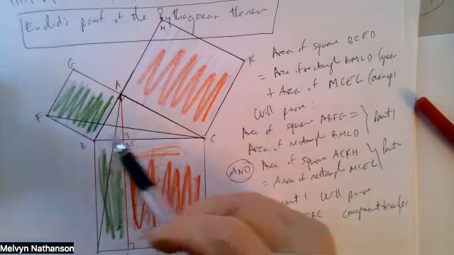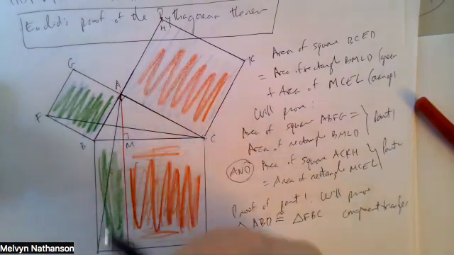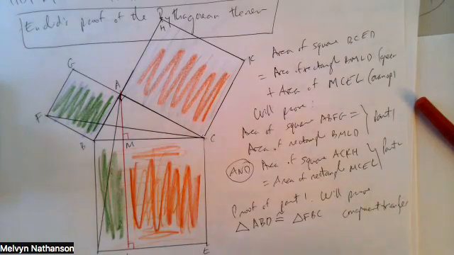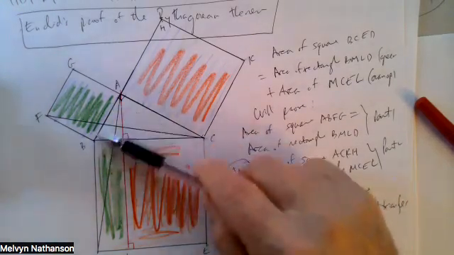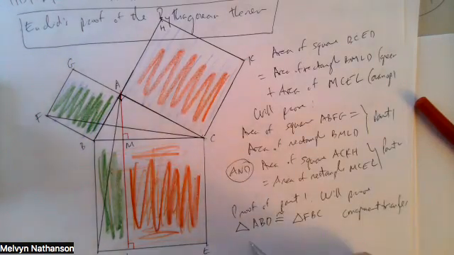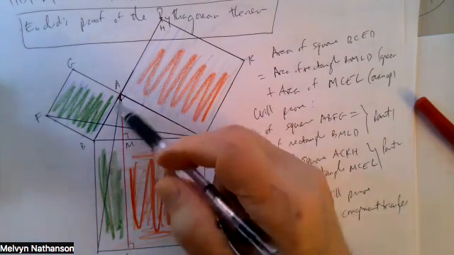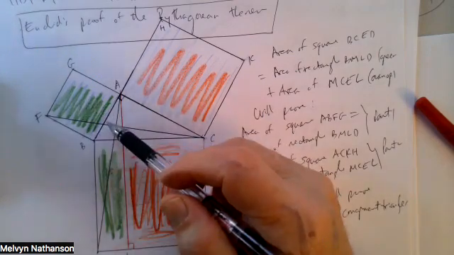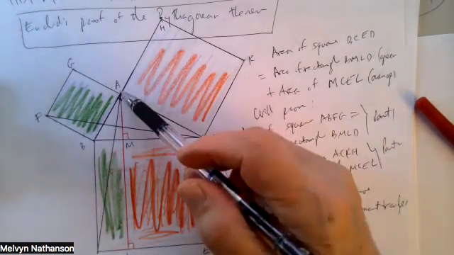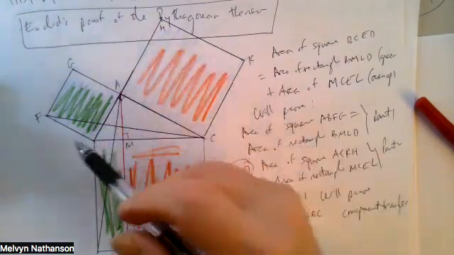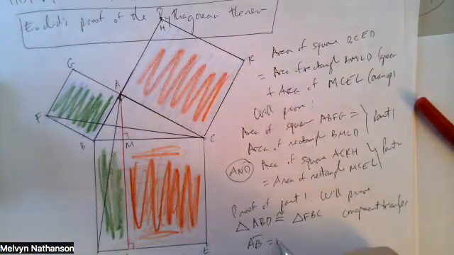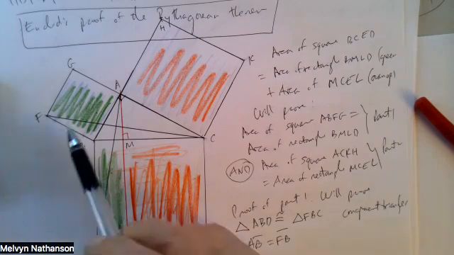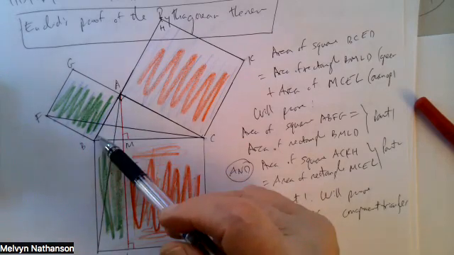Well, in this triangle ABD, the side AB is one side of this square. All four sides of a square are equal, so AB has the same length as FB. So this side of one triangle is the same length as this side.